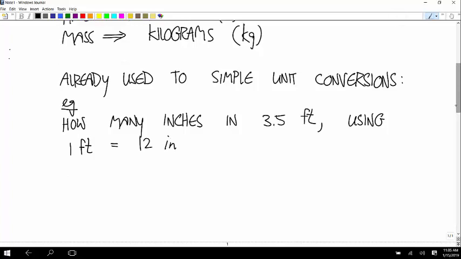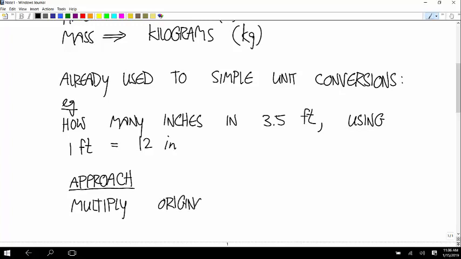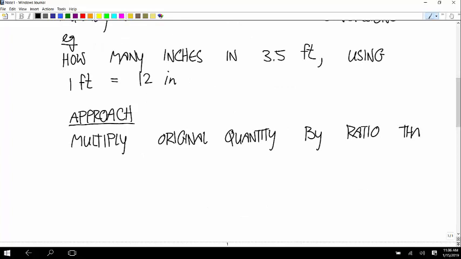And so what we're going to do, our approach, is we're going to multiply the original quantity by a ratio that's equal to 1.